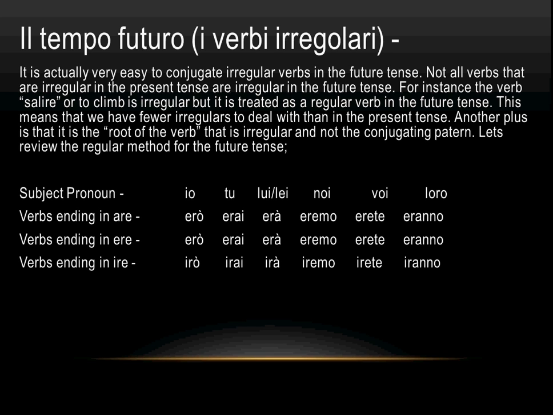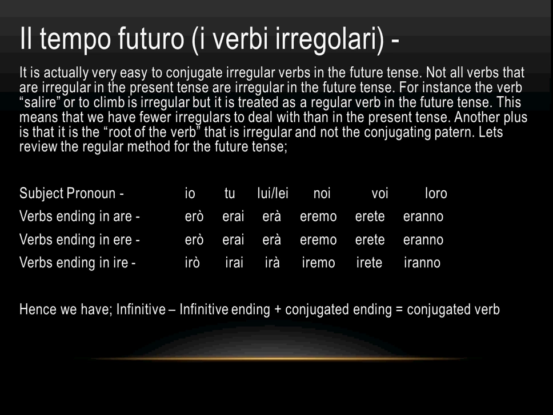And the same is true of the ire verbs, because the endings are irò, irai, irà, iremo, irete, and iranno. Once again, if you look at that, it's the same as just dropping the e off the ere or ire verbs and then adding o, ai, a, emo, ete, anno. The only difference is on the are verbs, instead of it being aro, the a becomes an e: erò, erai, erà, eremo, erete, eranno.